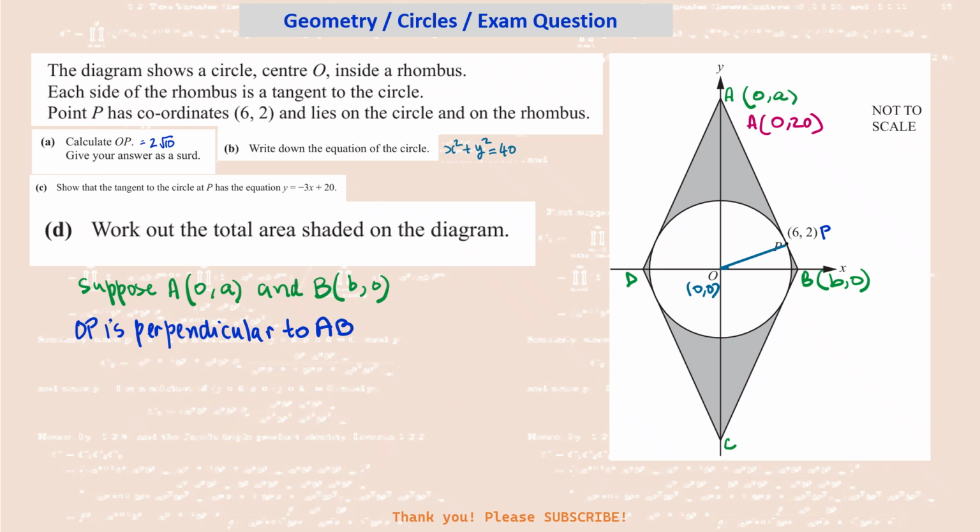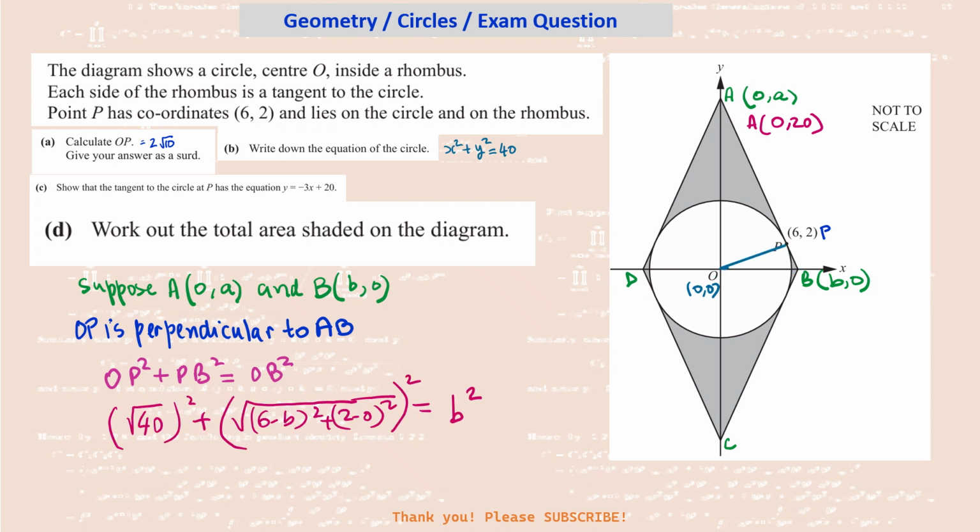Now to work out the coordinates of the point B, once again OP is perpendicular to AB. So I can write OP² + PB² is equal to OB². Here OB is the hypotenuse. So we can now work out what b is.